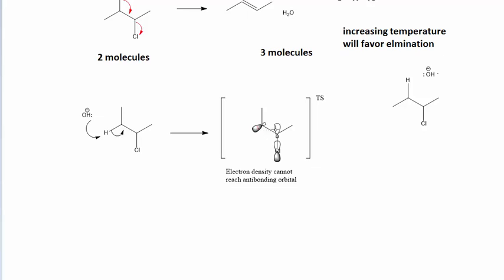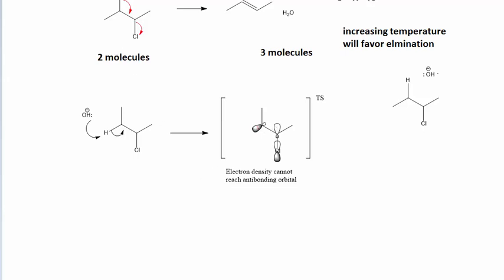Now, look at the problem here. Remember, the entire reason that this E2 elimination worked is because there was electron donation into the antibonding orbital here. Now, if your hydrogen is located on this side of the molecule, then the electrons will go into this region here. The problem with that is that these electrons cannot donate into the antibonding orbital.